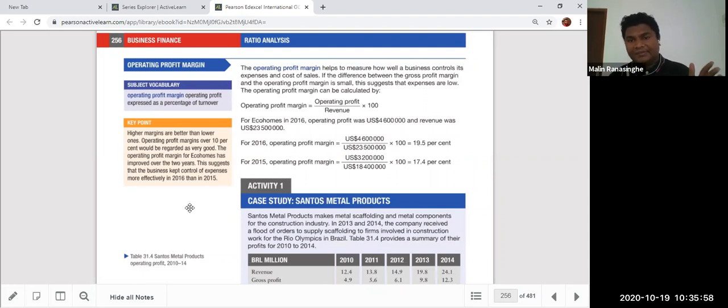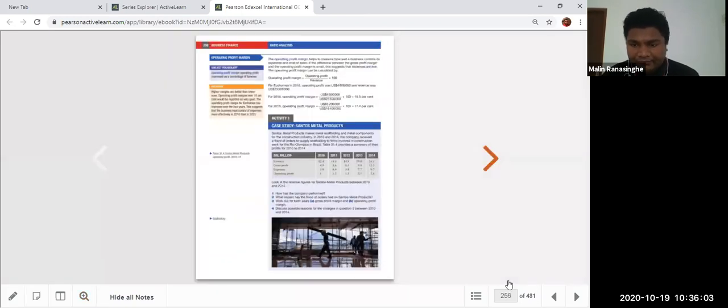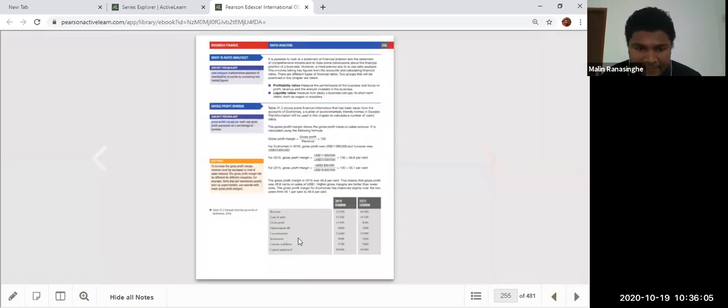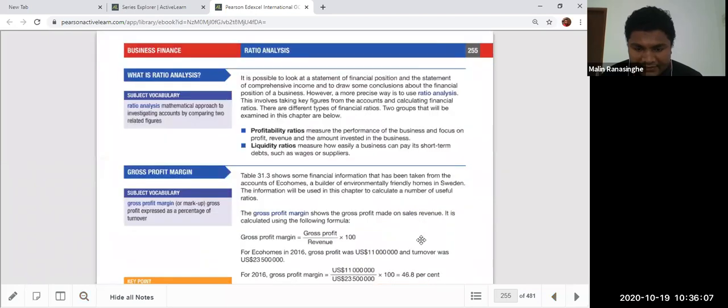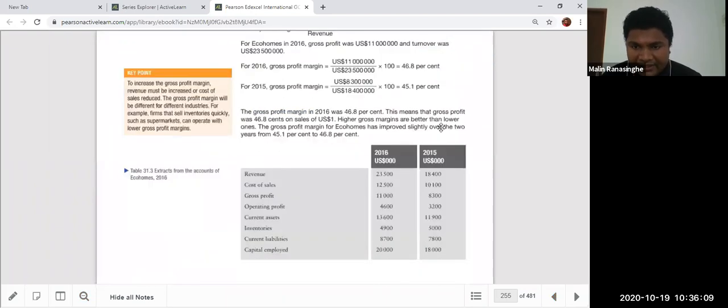But if there is a huge difference, like in this case study, gross profit in 2015 was 8,300 and operating profit 3,200, more than 5,000 difference. That means 5,100 of expenses are there, overhead costs are high.